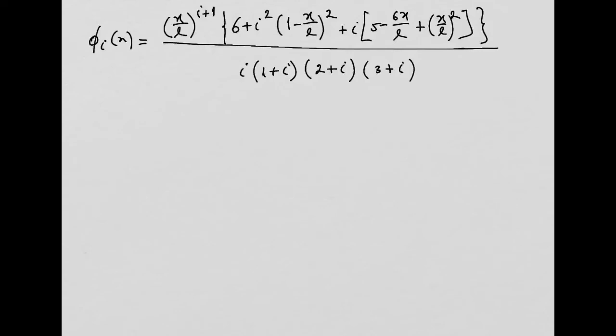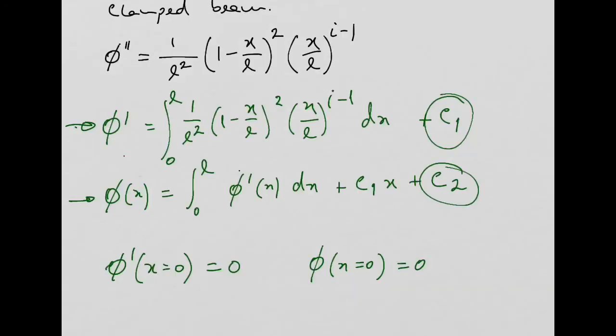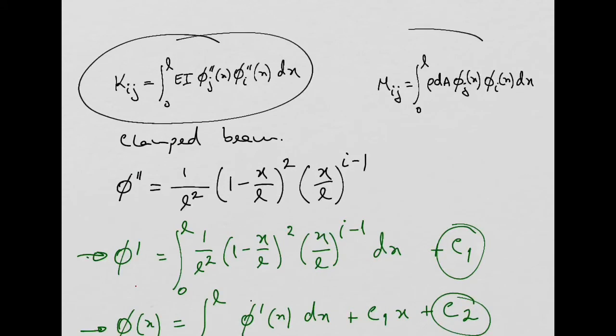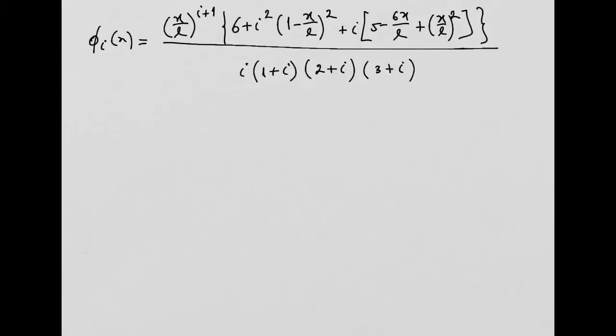And then if you replace these shape functions and the second derivatives in your stiffness and mass matrix, you should be able to get something even more horrendous.